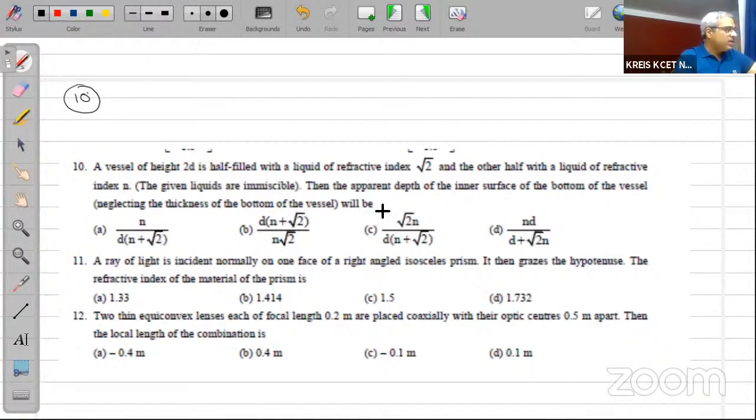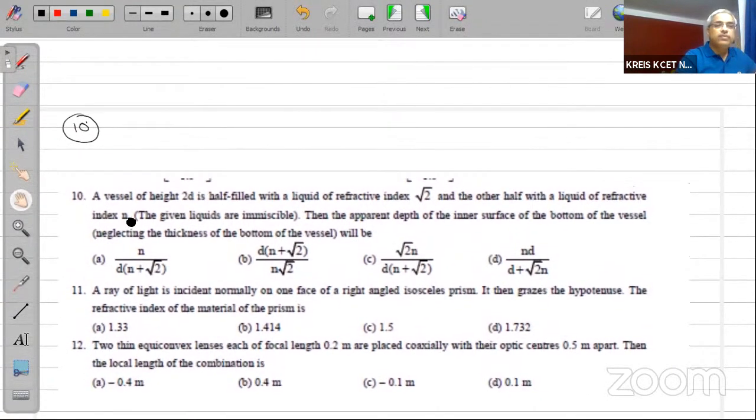Okay, it's a nice question. Let us try to work it out in this way. First, let us find out from the first liquid. The first liquid will produce an apparent depth, where mu1 is equal to real depth divided by apparent depth. Let me write this as d by x, d being the real depth.